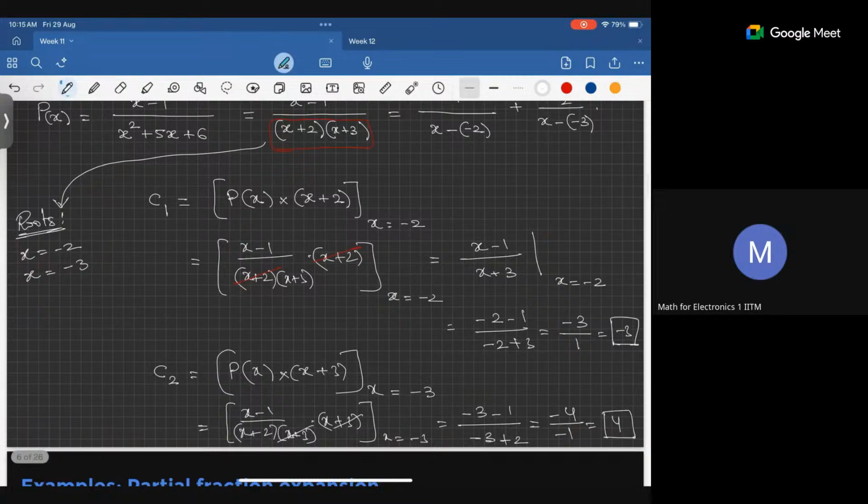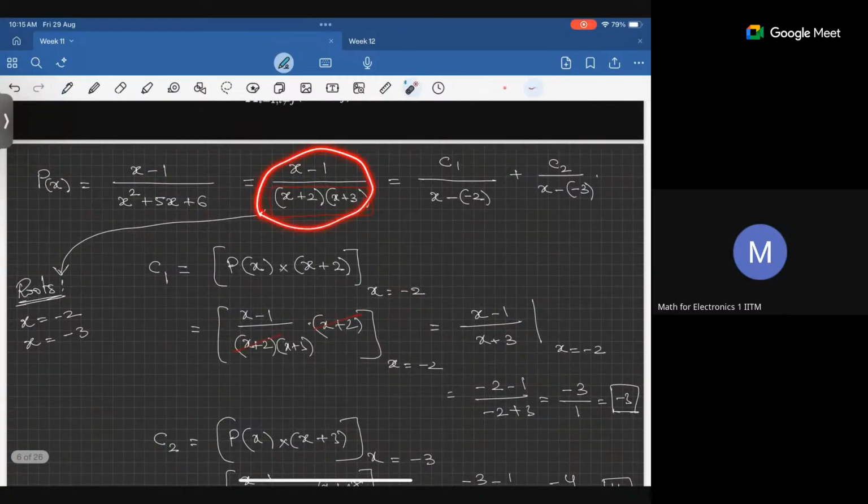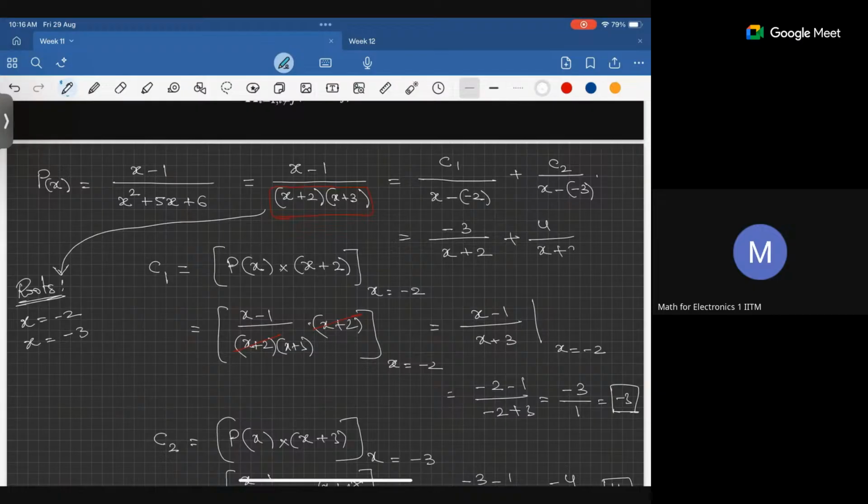This will be 4. So this particular rational function can be expressed as the sum of two other rational functions, where the sum will be minus 3 by x plus 2 plus 4 by x plus 3.